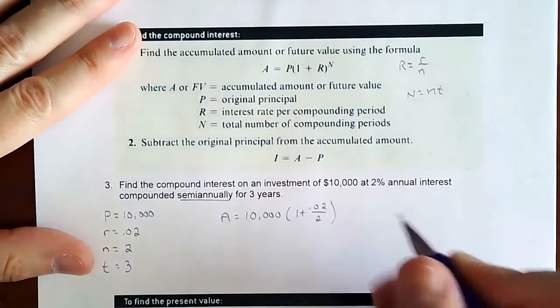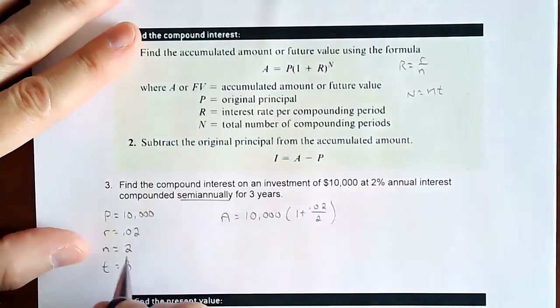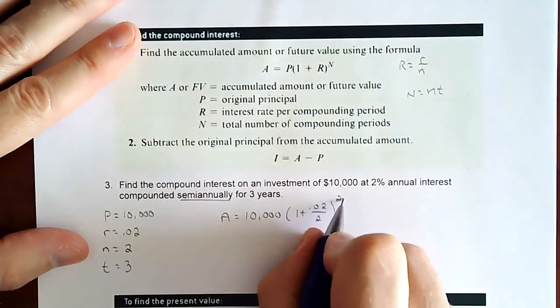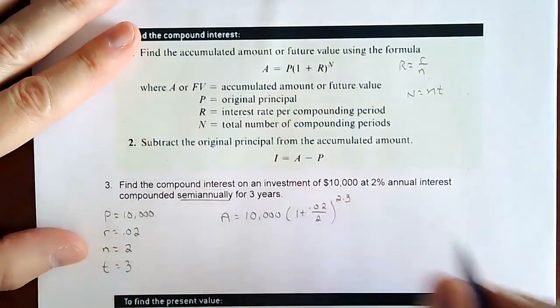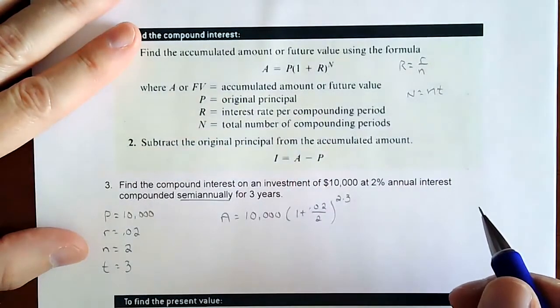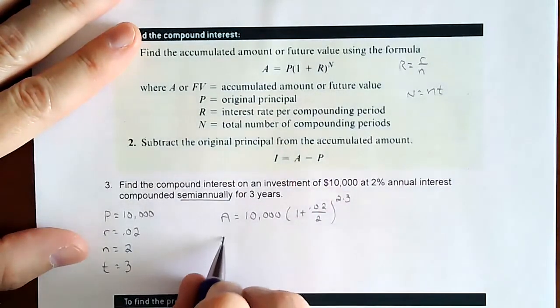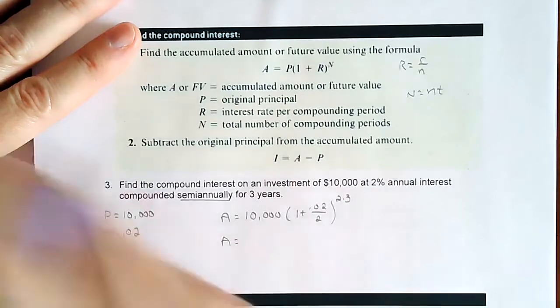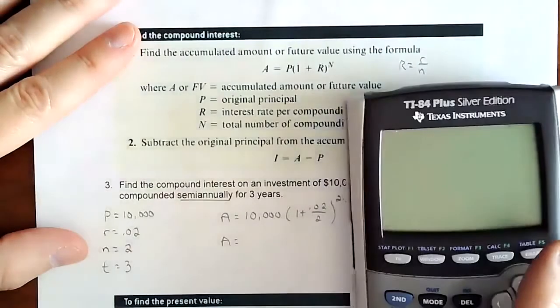The formula takes care of this. And then I am going to do this for 3 years, but twice every year. So it's 2 times 3 for a total of 6 times compounded. That's what that exponent would represent. But I can let the calculator take care of all of that, so I'm going to throw that into the calculator and see what we get.